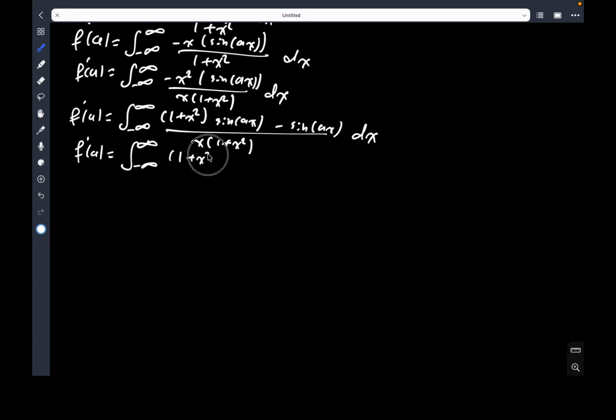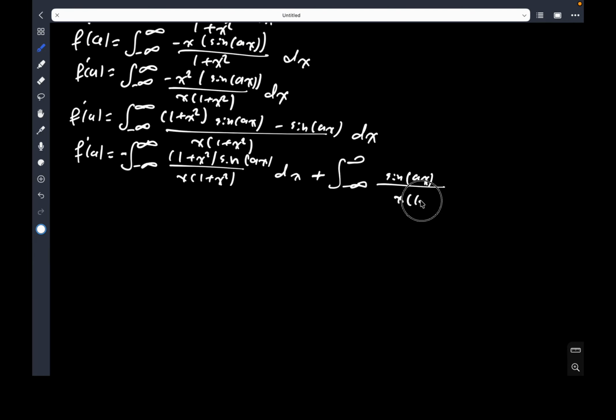I'm going to factor out the minus here, from negative infinity to infinity of sine ax divided by x times (1 plus x squared) dx. Now these two are going to cancel out, and I'm going to be left with f prime of a equals the integral from negative infinity to infinity of sine ax divided by x dx.